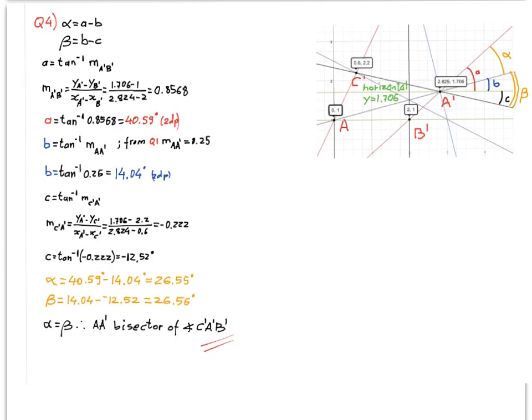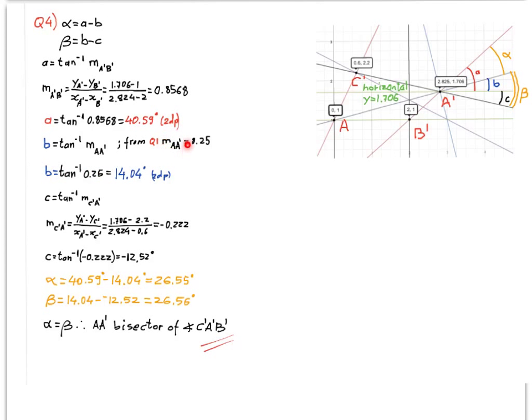The next angle I'm going to find using the same logic: angle B is the tangent to the minus 1 of the rise over run.